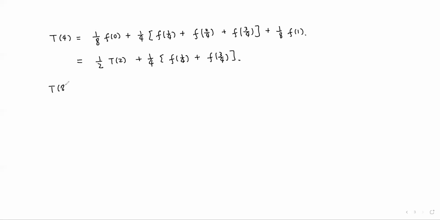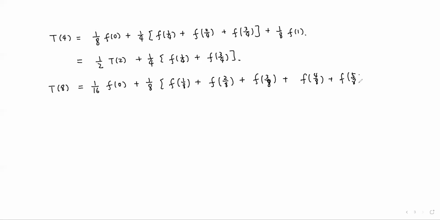Similarly, T of 8 is 1/16 times f(0) plus 1/8 times f(1/8), f(2/8), then the next term is f(3/8) and f(4/8), f(5/8), f(6/8), and f(7/8). Then the final term.